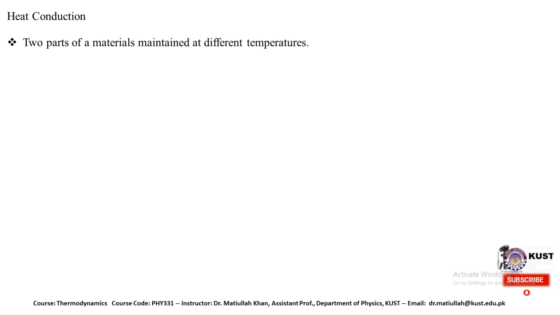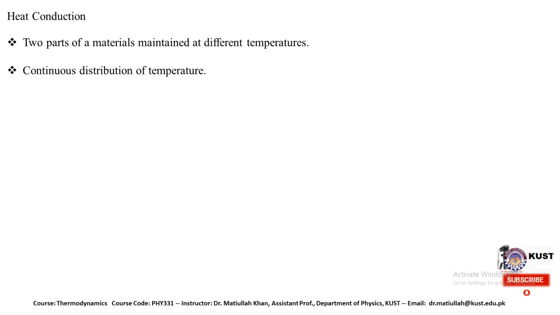If we have a material, or a part of that material, or maybe consider a metal slab, that has been maintained in such a way that there is a difference of temperature at the two ends of that slab. One end of that material is at higher temperature, and the other end is at lower temperature.